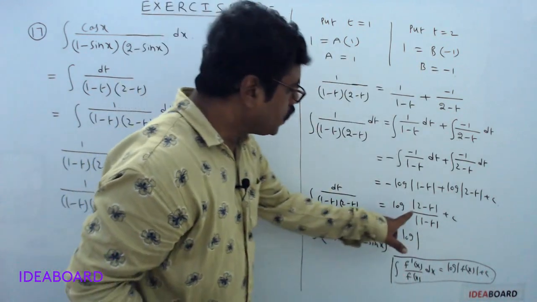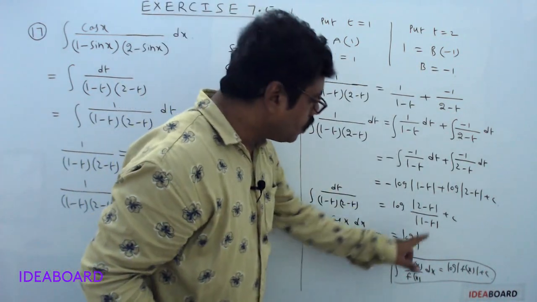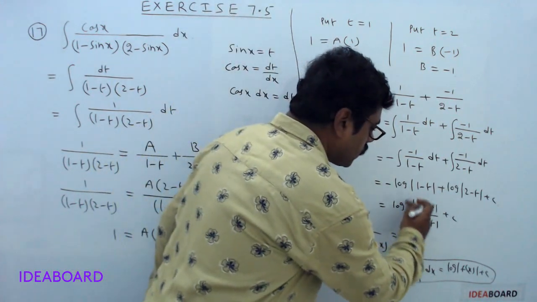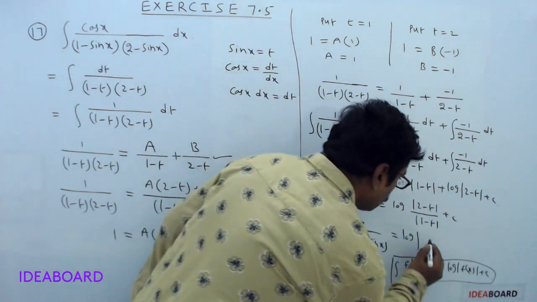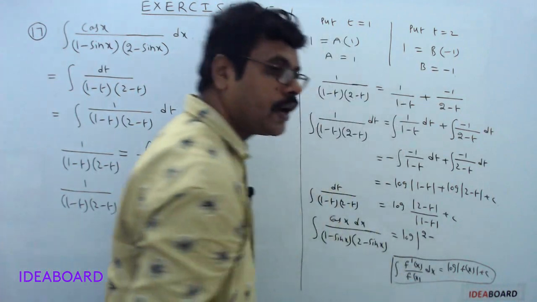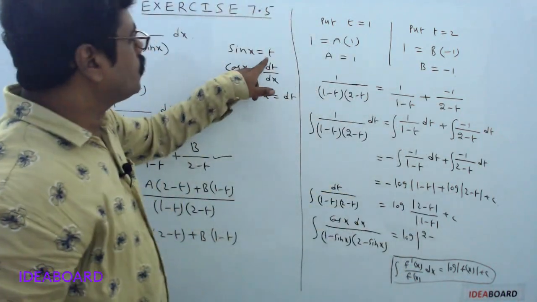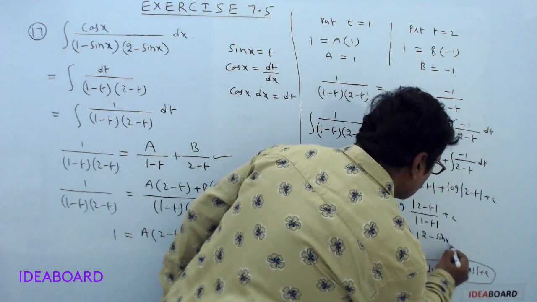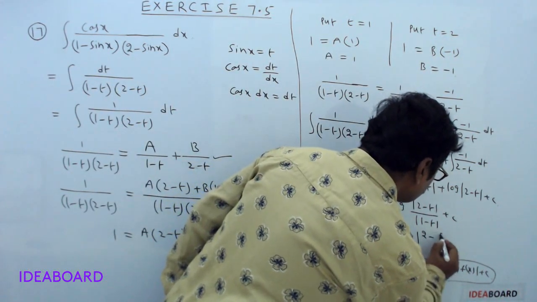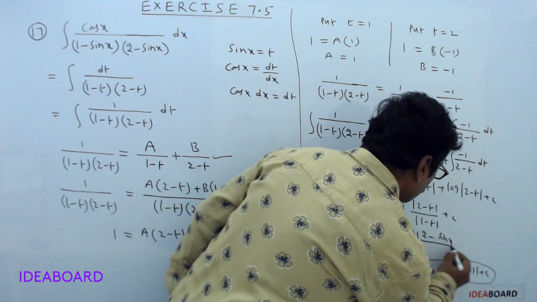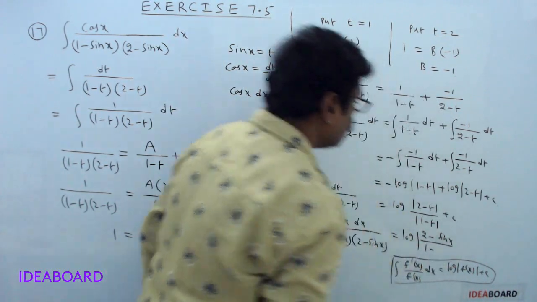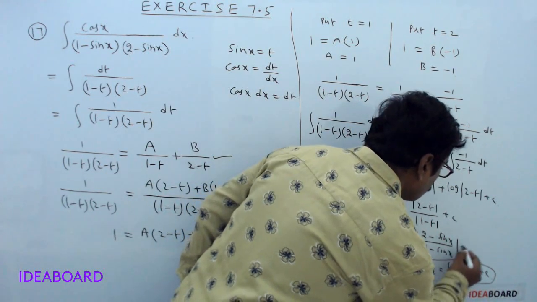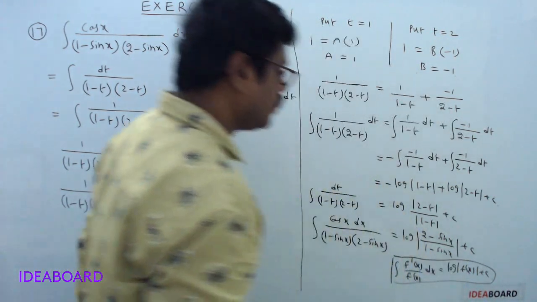See here, the modulus function will be there for numerator and for denominator. You can take the modulus function to this entire expression. That is modulus of 2 minus t. What is your t value? Sin x. So 2 minus sin x divided by 1 minus t, again t value sin x, plus a constant term c.